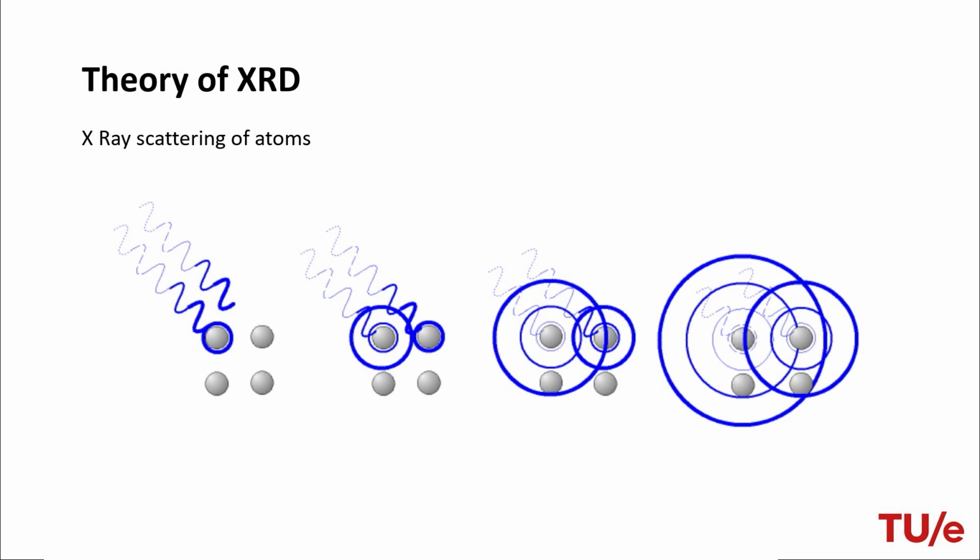These oscillating electrons then re-emit X-rays in different directions. In XRD, this process is known as elastic scattering, as no energy is lost. The scattered waves maintain their phase relationship and can interfere constructively or destructively, forming diffraction patterns. This is the basis of X-ray diffraction, used to determine crystal structures.